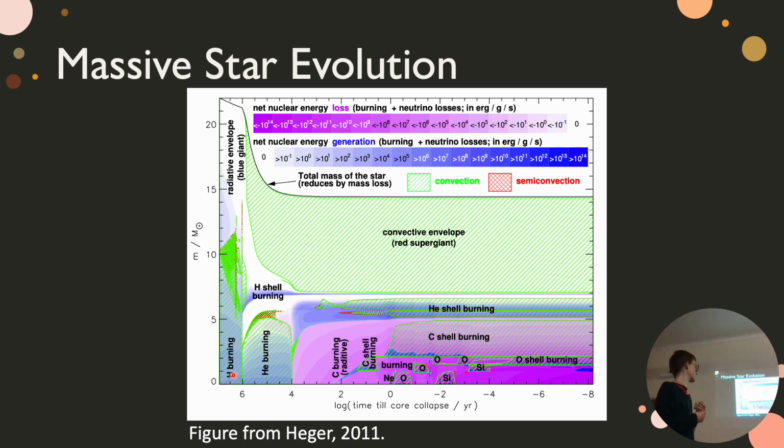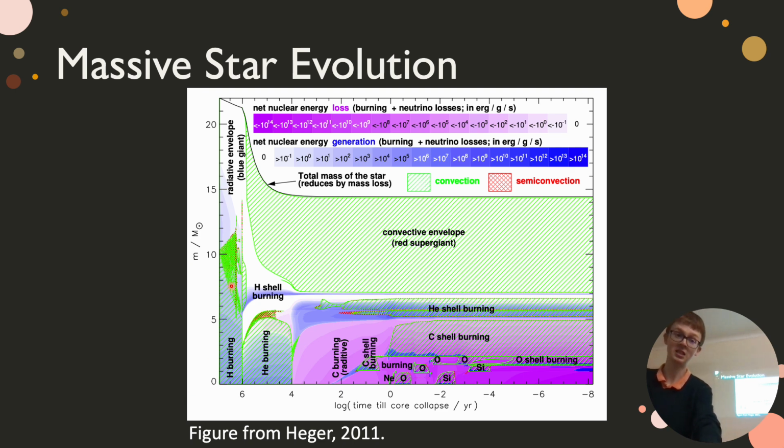That's the kind of thing we're talking about here. And then there are also neutrinos, which is important in this diagram. It's shown by the purple here. This says net energy loss due to burning and neutrino loss. So you can see a lot of energy here is being lost, whereas the blue is a net energy gain.